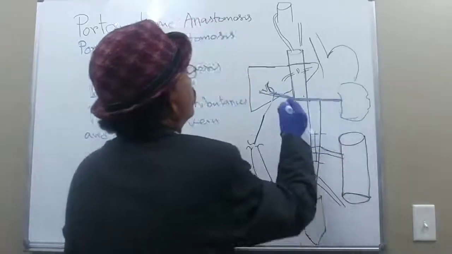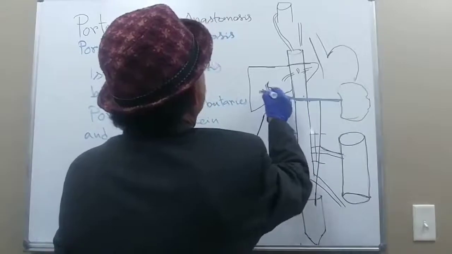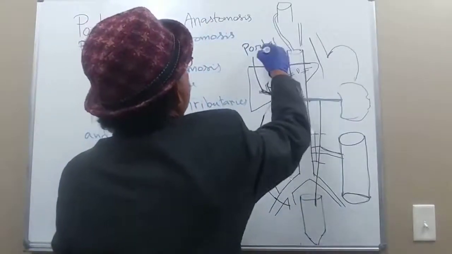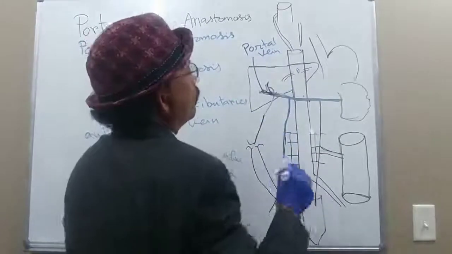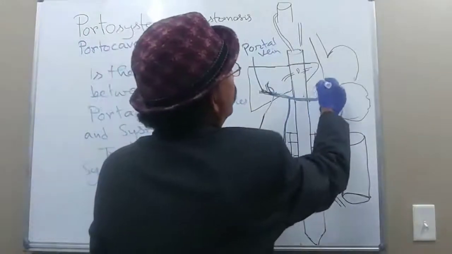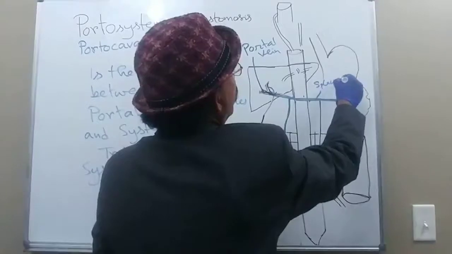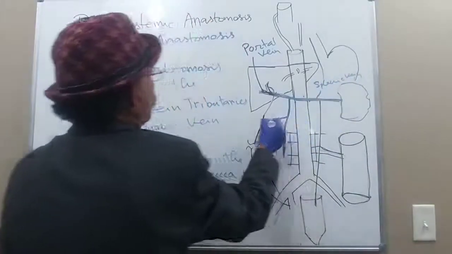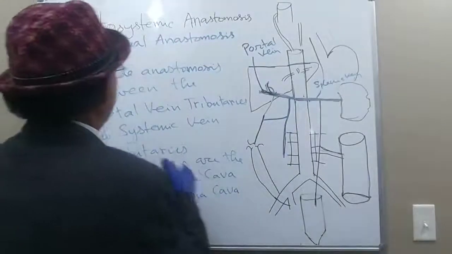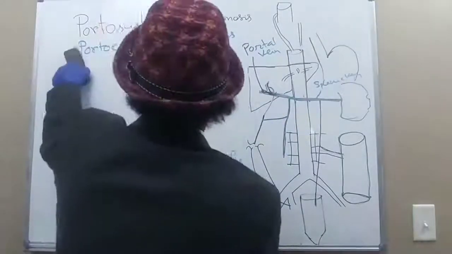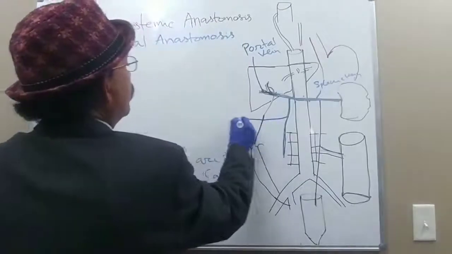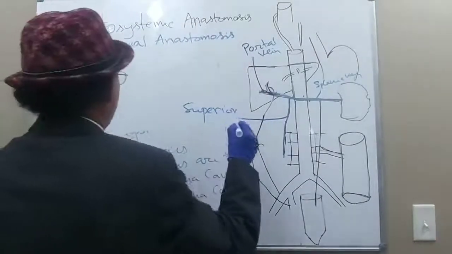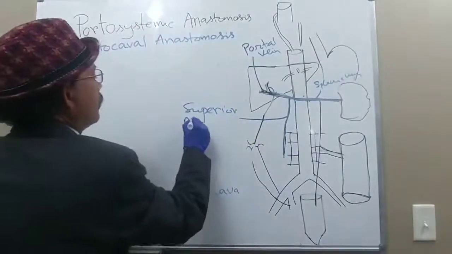So this is the portal vein that is formed by the union of the splenic vein and the superior mesenteric vein.